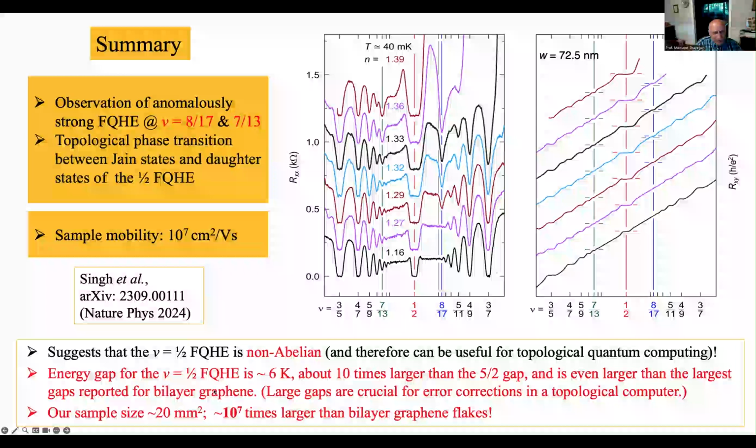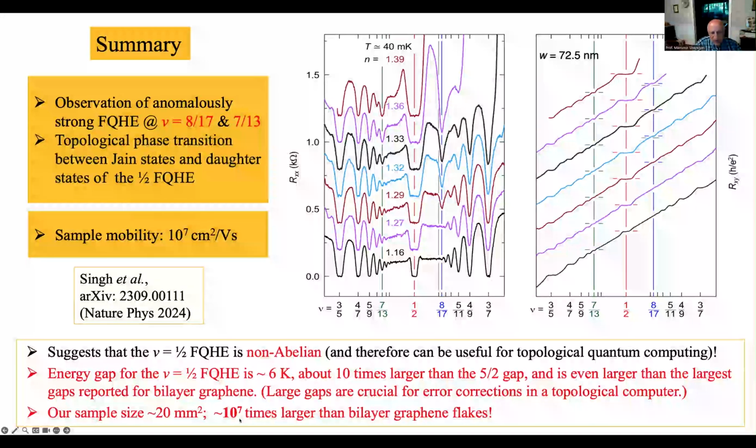The other thing is, you could say, well, bilayer graphene gaps are now big too, around a few Kelvin. But here, I'd like to remind you, our sample size is essentially 20 square millimeters. That's a 4 by 4 or 5 by 5 square millimeter Van der Waals sample. You just put contacts on the four corners and make these measurements.